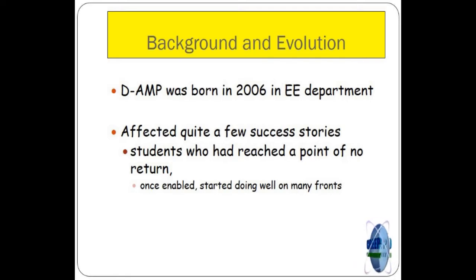The Department Academic Mentorship Program was born in the year 2006. It is almost 5 years younger than our Institute Student Mentor Program. And it was born in the Department of Electrical Engineering under the able guidance and leadership of Professor H. Narayanan. In fact, a few students in the Department of Electrical Engineering who were facing academic difficulties and were on the verge of being terminated approached Professor Narayanan in the year 2006 and sought his help.